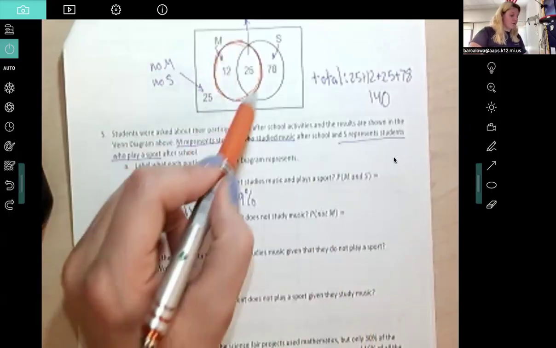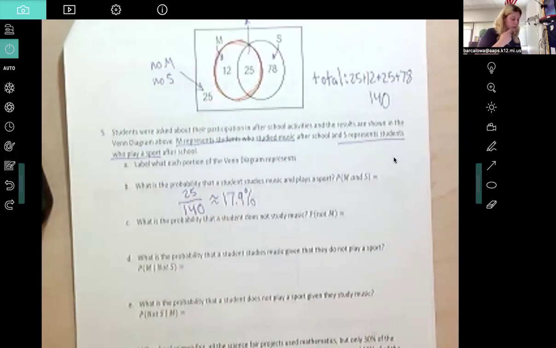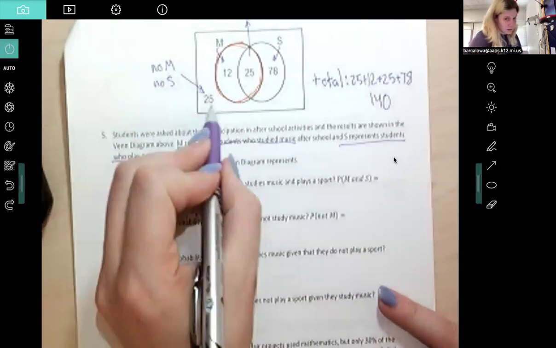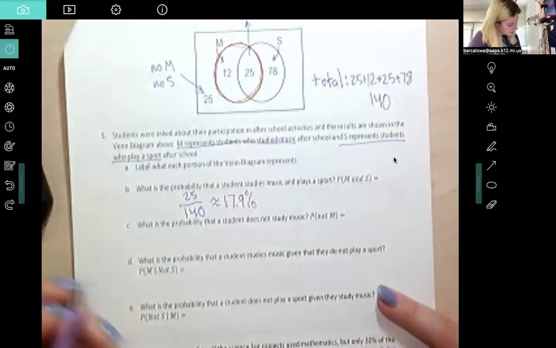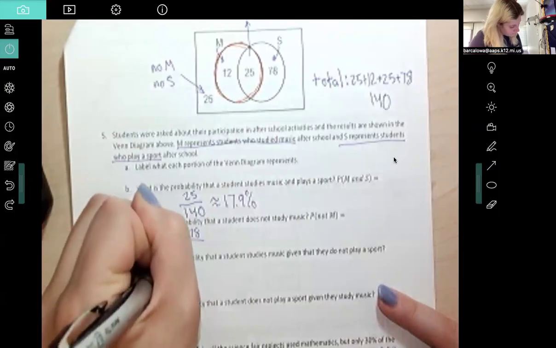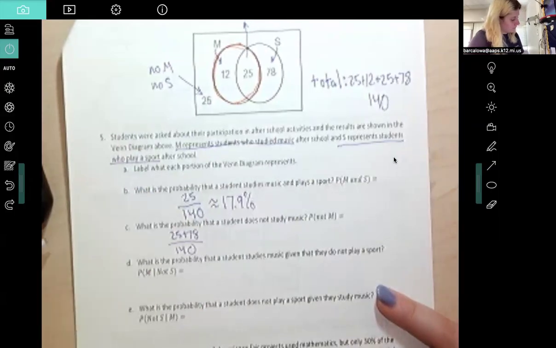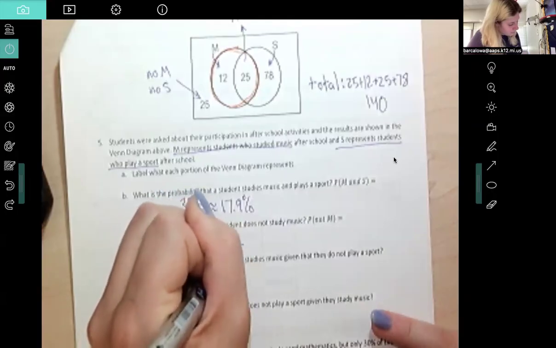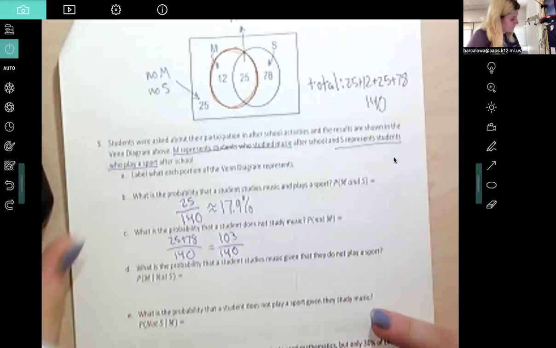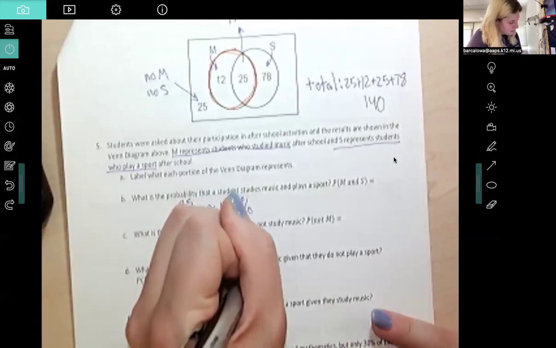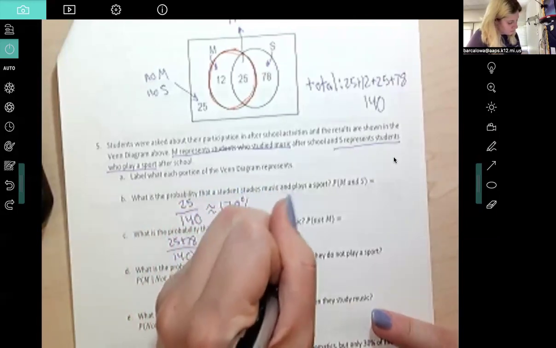So for not music, I'm going to take this 25 plus this 78. The 103 out of 140. If I asked you for a percent, you would say 73.6.